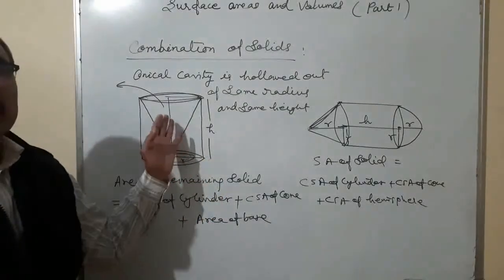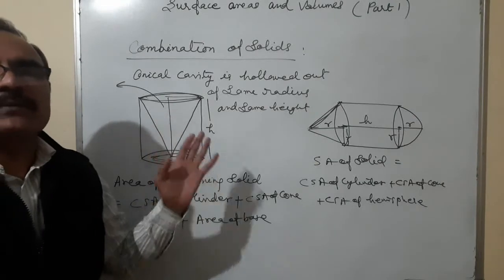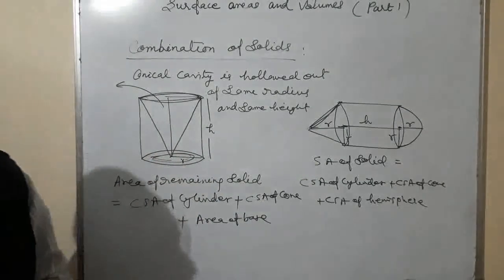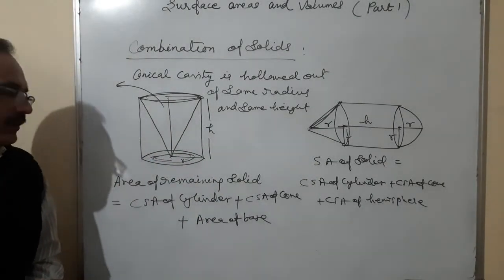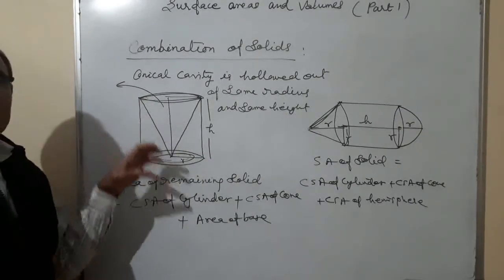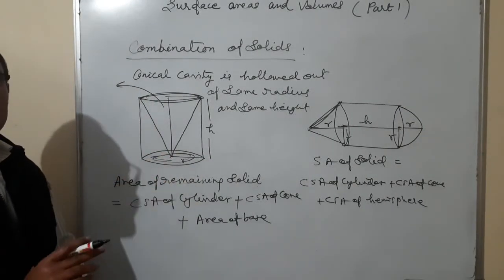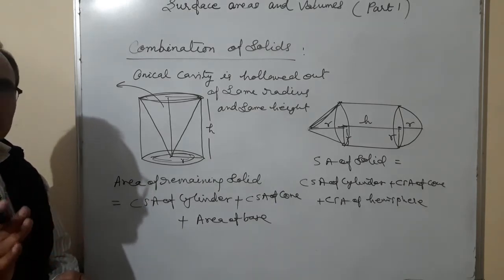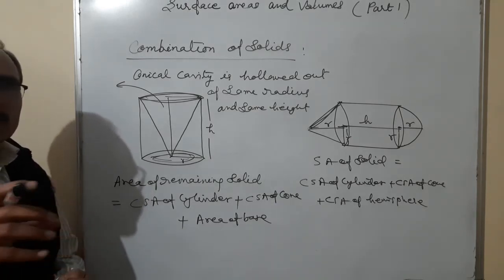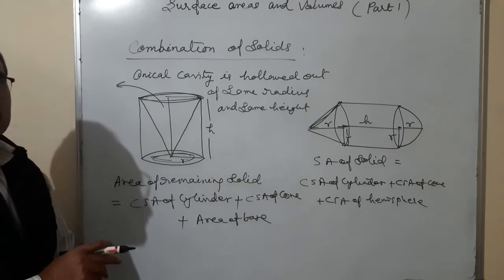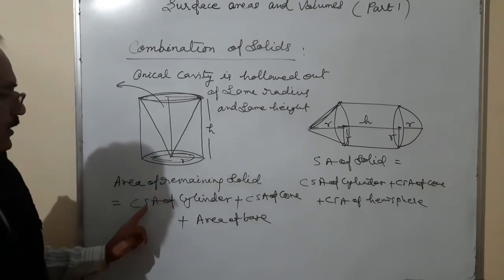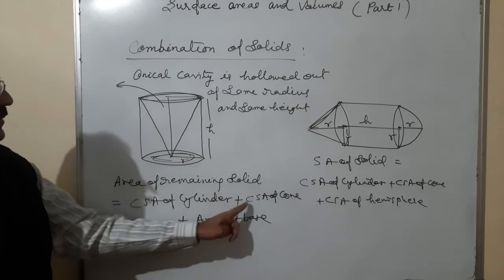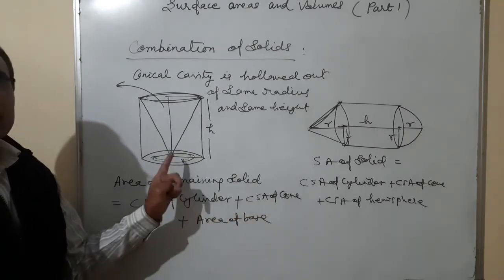But in this case the area of the remaining solid will only increase. Generally when something is hollowed out from a solid, the area is increased but the volume is decreased. Volume is always decreased, but area is increased. So here it is the surface area of cylinder plus surface area of cone plus area of base.